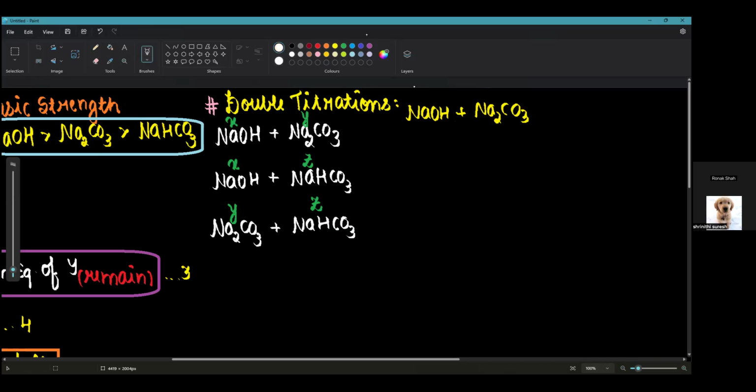So first HCl will come and neutralize NaOH to give NaCl and water molecule. Clear?